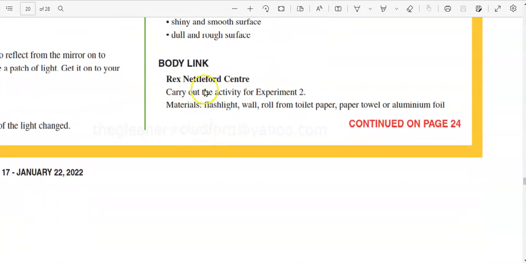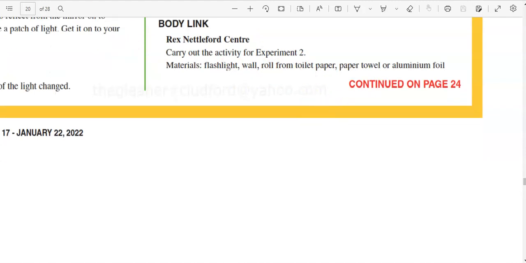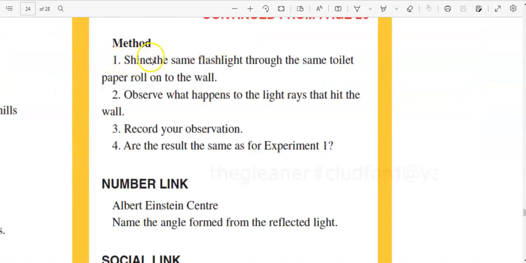Body link from the Rex Nettleford Center. Carry out activities for experiment 2. Here are the materials that you will need: flashlight, wall, roll from toilet paper, paper towel, or aluminum foil. So here's the method now. Shine the same flashlight through the same toilet paper roll onto the wall.